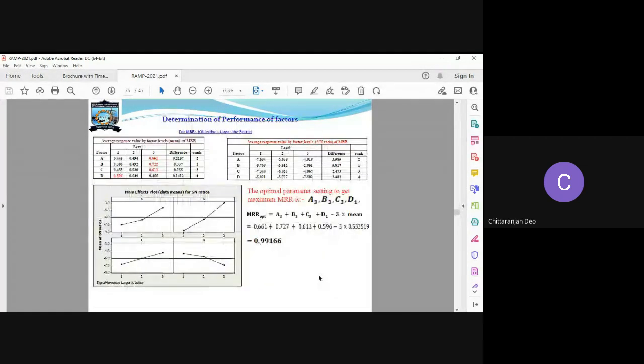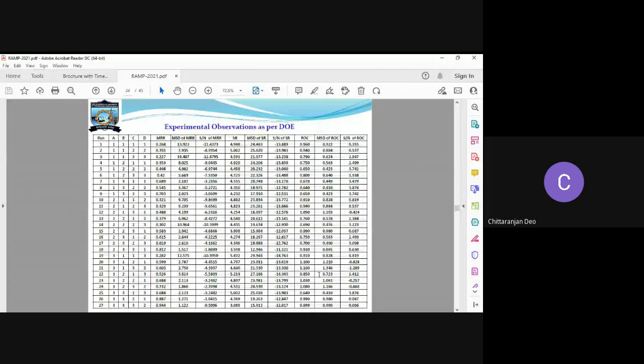When we choose that one, and refer to the table, then L27 is the best fit to this input parameters and levels.